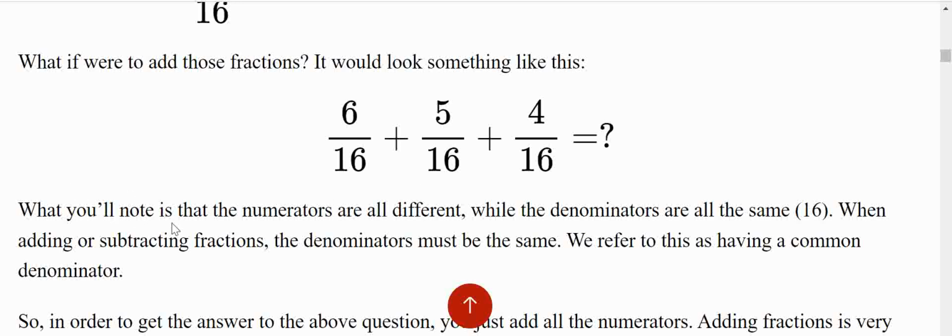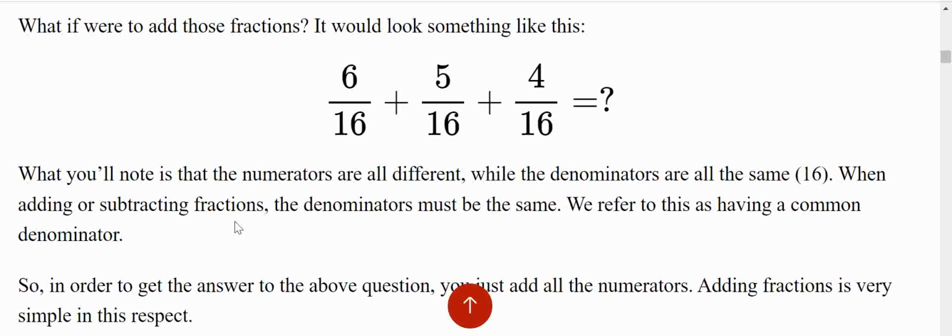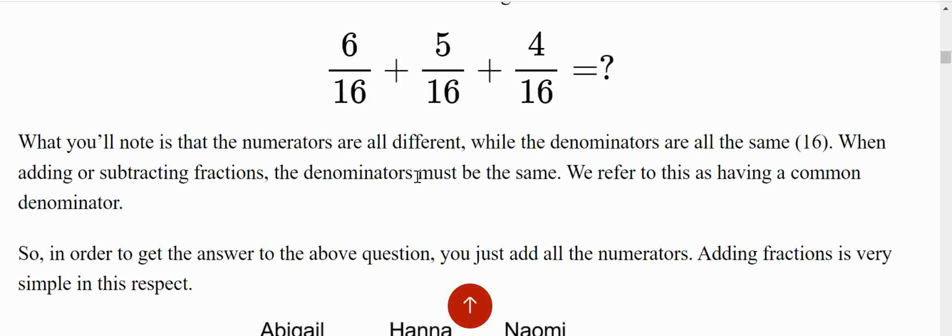What you'll note is that the numerators are all different, while the denominators are all the same, 16. When adding and subtracting fractions, the denominators must be the same. We refer to this as having a common denominator.